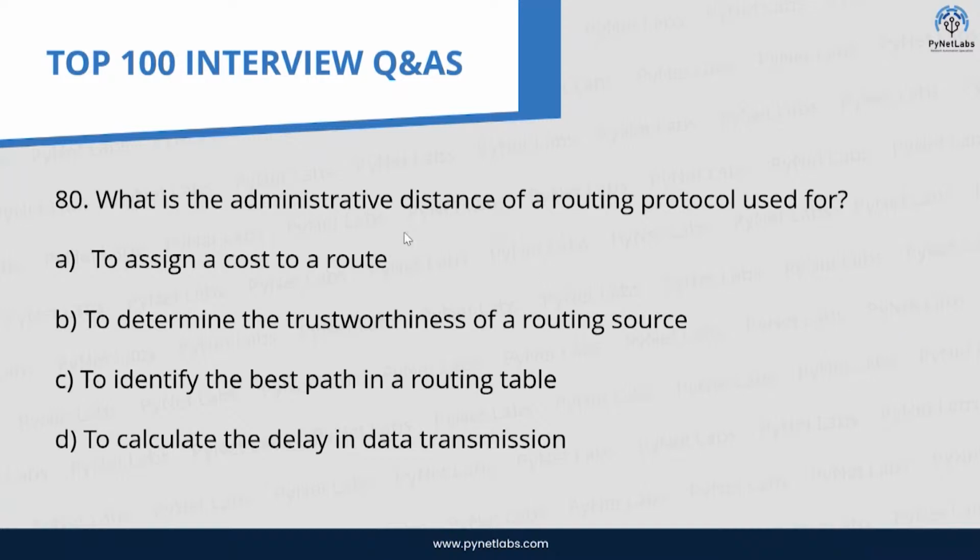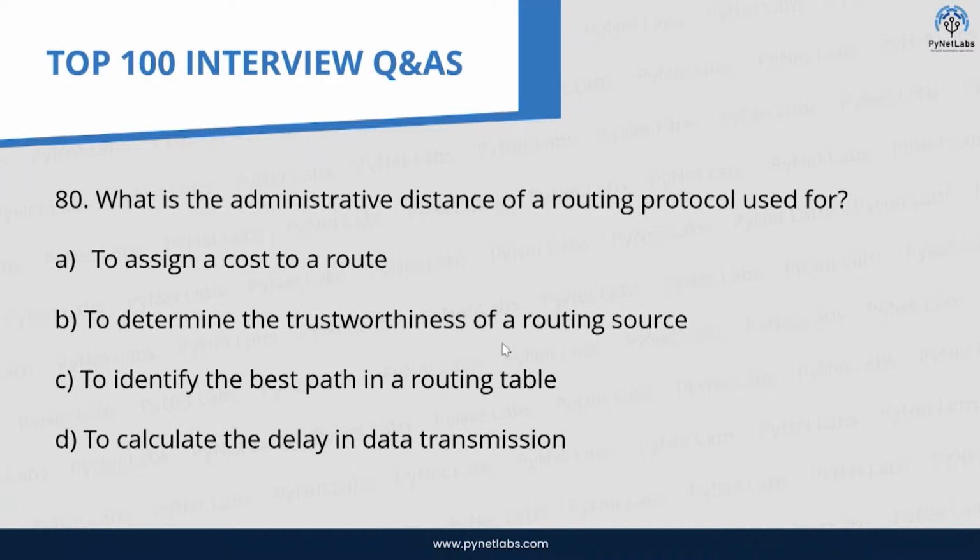So for this question number 80, we have the correct answer. That is option number B, which says to determine the trustworthiness of the routing source. The administrative distance in routing protocols is used to determine the trustworthiness and reliability of a routing information source. And usually it is measured in routing protocols by providing some particular values. Every routing protocol is going to have some unique and by default defined value that is going to help in considering and giving them more trustworthiness.